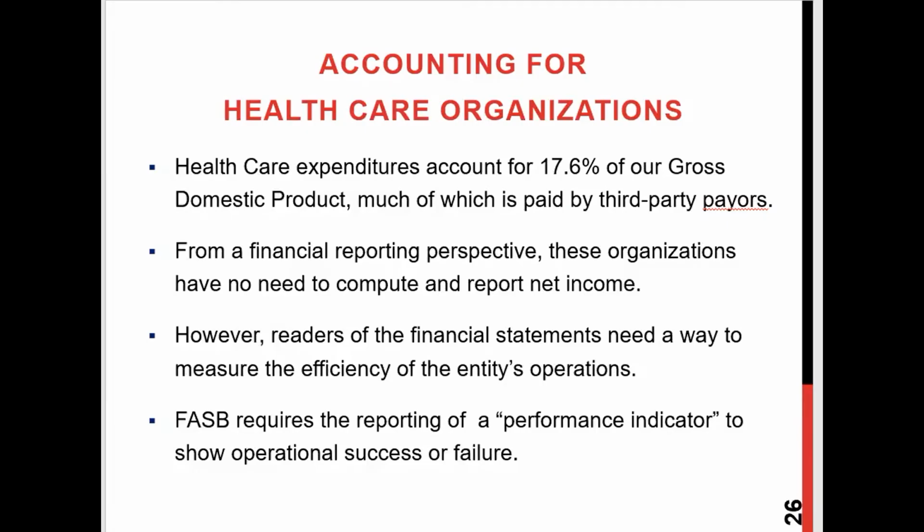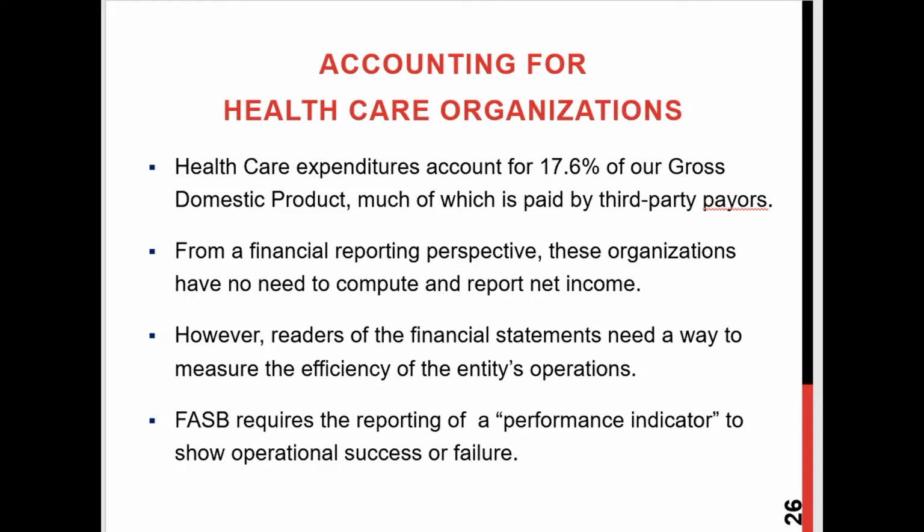Now we will see one example, and this accounting method is specifically for healthcare organizations. So this healthcare organization is a little bit different from other not-for-profit entities. One main example I can mention is the statement of functional expenses that all of these healthcare entities need to produce, which really makes them distinct from other not-for-profit entities.